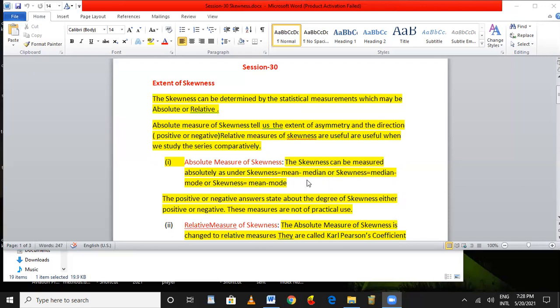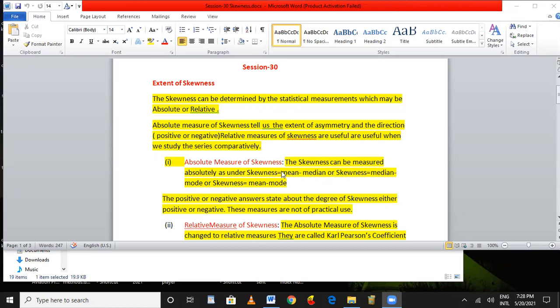Here the formulas are there for the skewness. Skewness is mean minus median, where the median is deducted from the mean. The other one is median minus mode. The other one is mean minus mode. We can apply any one for the absolute measure of skewness.